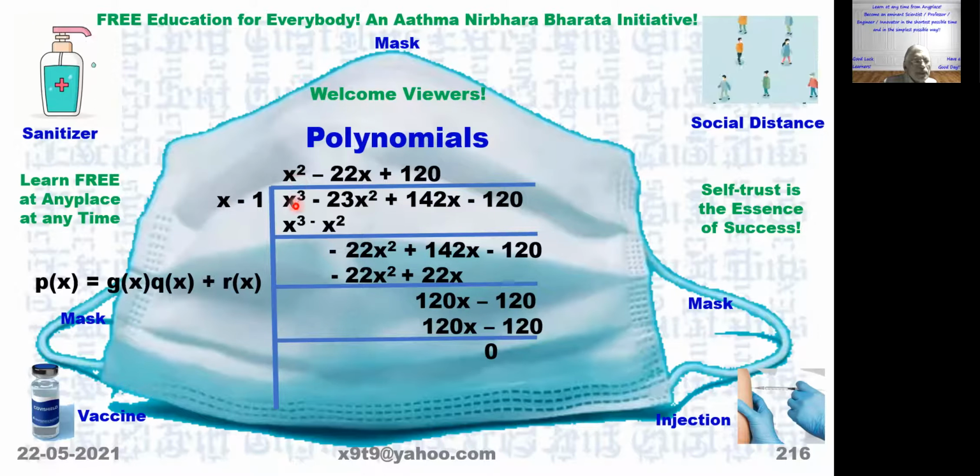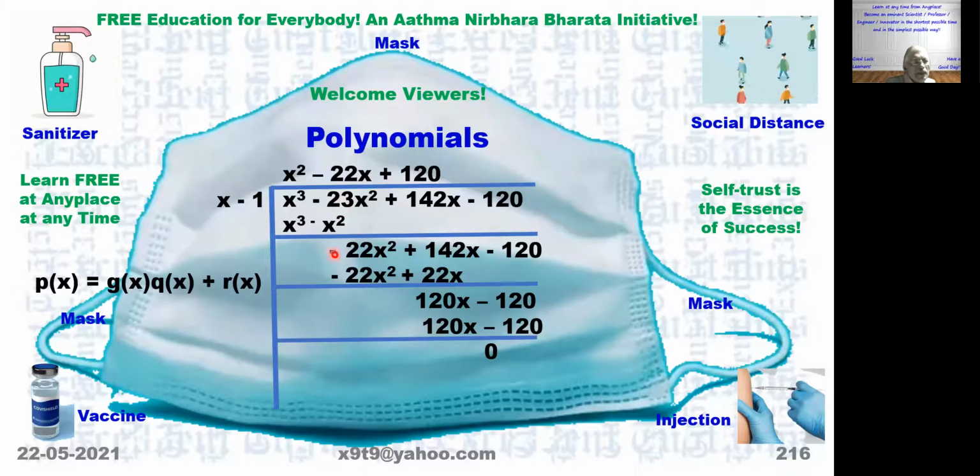So to get x cube here, multiply x by x square. Then x square into minus 1 will give minus x square. So the first two terms will cancel. That is how we have selected this term in the quotient here, so that when multiplied by this it gives this first term.